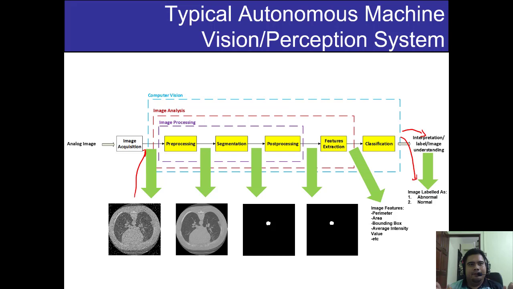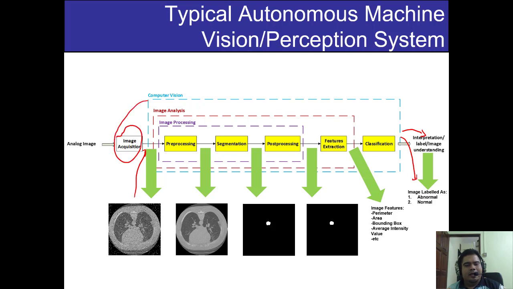So now you can see the boundary, or the territory, of which one belongs to image processing, which one belongs to image analysis, and which one belongs to computer vision. In other words, autonomous machine vision system is another name for computer vision. Actually, computer vision also includes and covers this one.